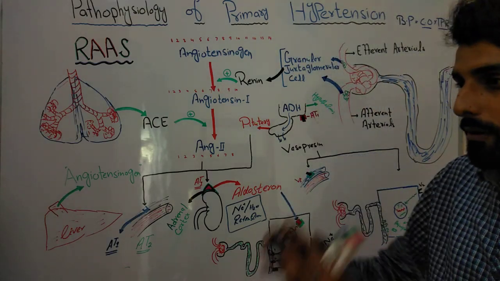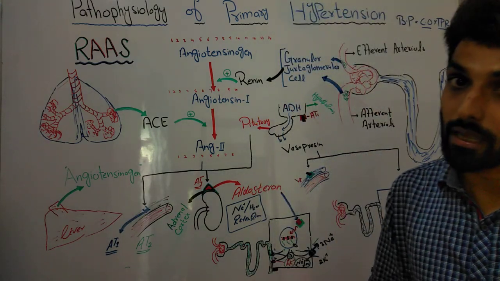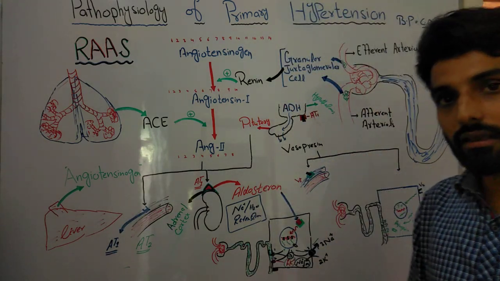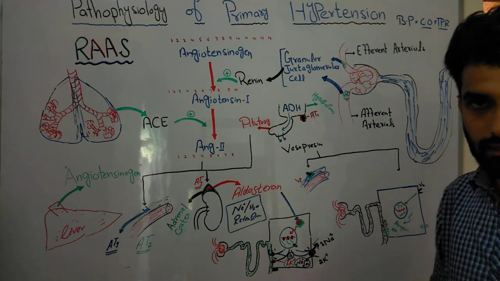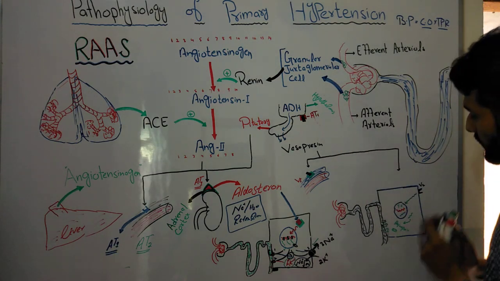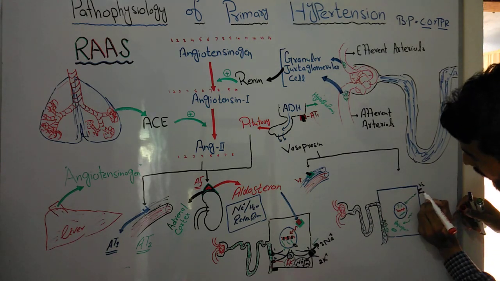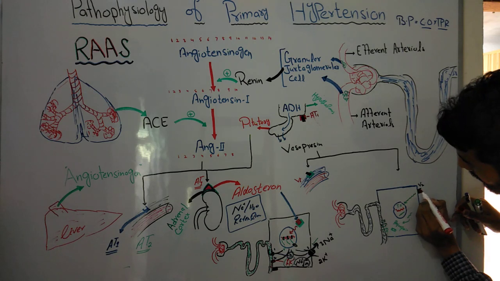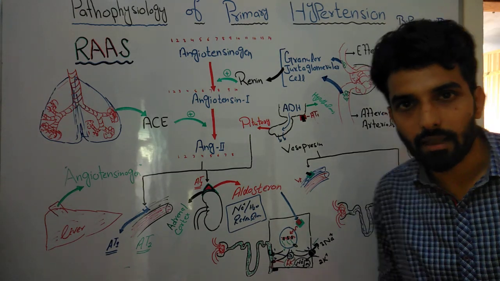They will not be able to cross the cell membrane and get into the cell. If they cannot get into the cell, obviously they should have receptor on the outer surface of the cell. So when vasopressin acts on its V2 receptor that is present on the outer surface, and this V2 receptor is basically a G protein coupled receptor.